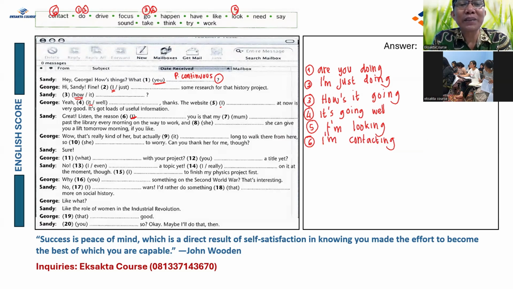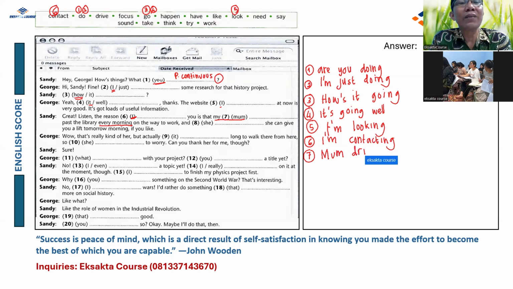Next, number 7. My mom here is C. So to be of C is. Okay, actually, a present continuous, but here there is no present continuous, it is simple present. And then we use my mom drives.